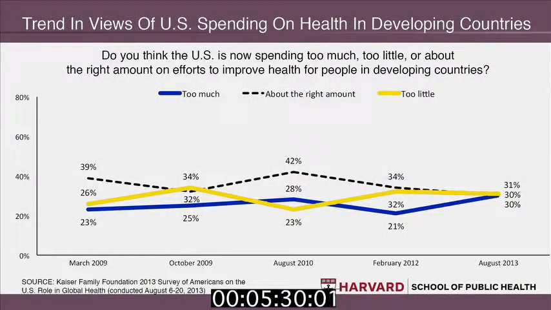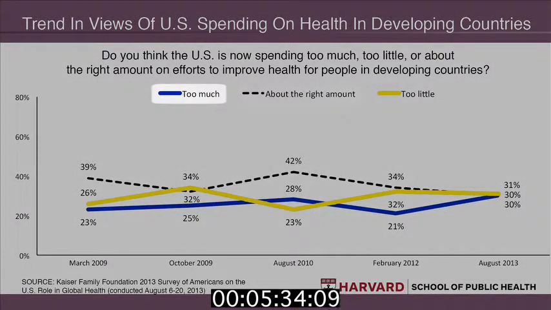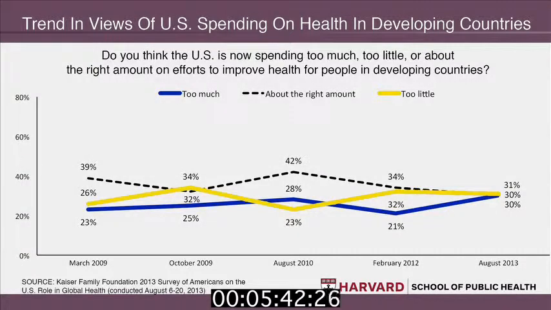In this next chart, we compare whether Americans feel that they are spending too much, too little, or about the right amount on efforts to improve health for people in developing nations. These data come from a period over the last 4 or 5 years. As you can see, their opinions fluctuate more or less, depending on whether you're asking them whether we spend too much or too little or about the right amount.